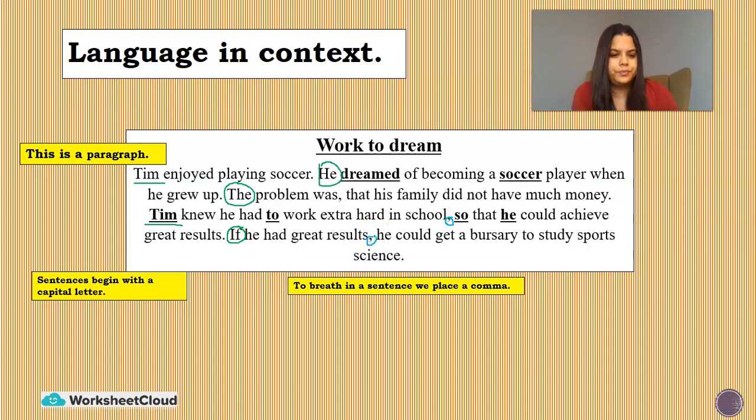Okay. So Tim knew he had to work extra hard in school, okay, so he could achieve great results. If he had great results, he could get a bursary to study sports science. So the commas now tell us that we are taking a breath in that sentence. I hope you're all with me.